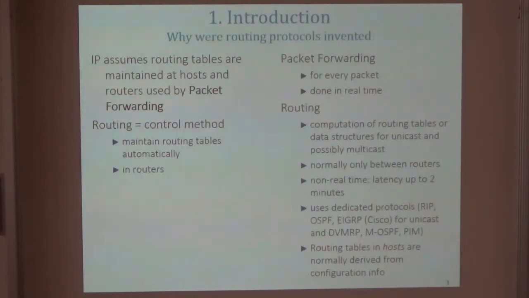In this context here, routing means the computation of the routing tables. So the things that routers need to do to have the routing tables correct. Bridges, layer 2 switches, do something similar. They have to build a spanning tree, and they have to learn the addresses by sniffing source addresses.